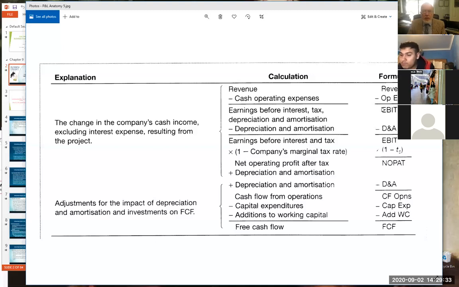Once you get here though, from here on down, it's all finance. It's taking this quantity, this operating profit, EBITDA, and then you're making decisions. And you get to make these decisions, certainly if you're in the finance role. You make decisions about the amount of debt that the company is relying on.